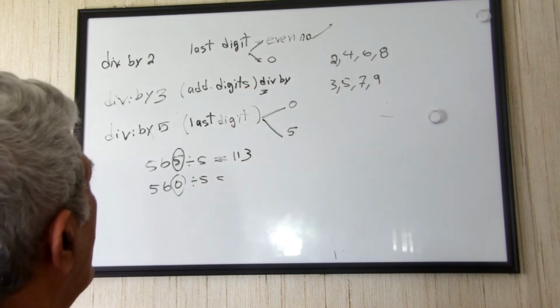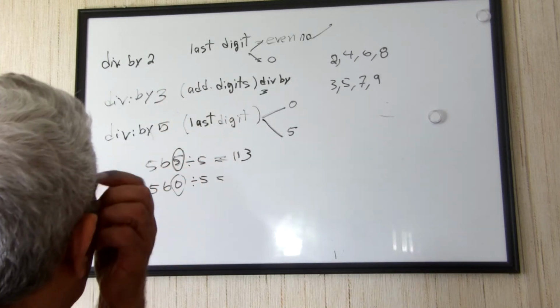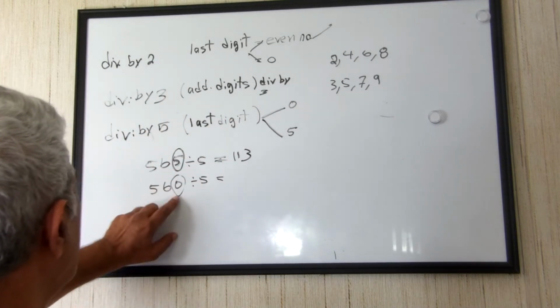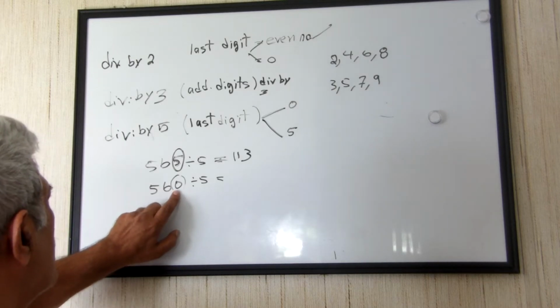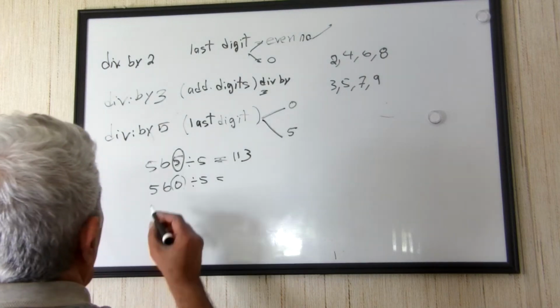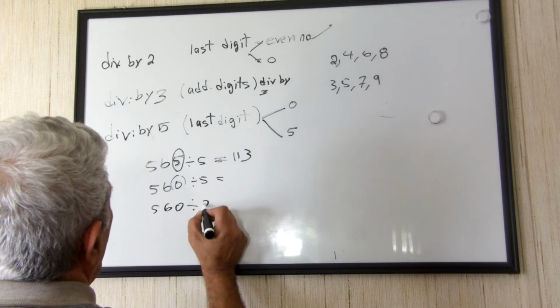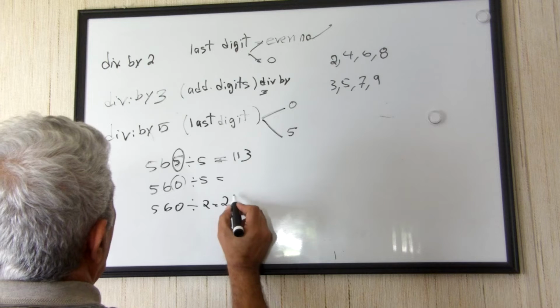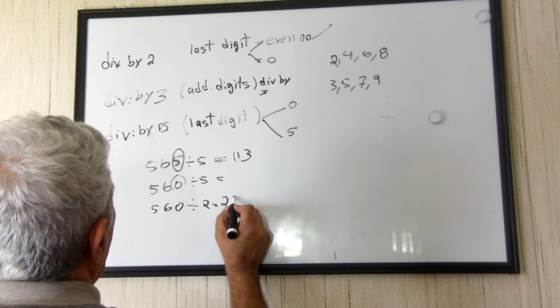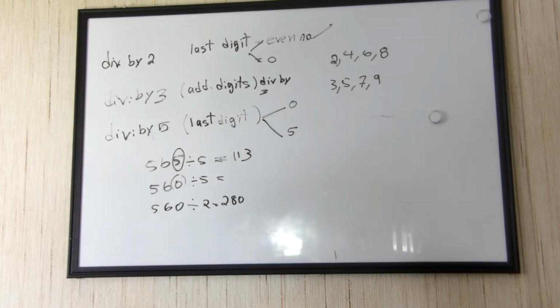If the last digit is an even number, you can divide it by 2. This is also divisible by 2 because the last digit is 0. If you divide this one by 2, we get 280.